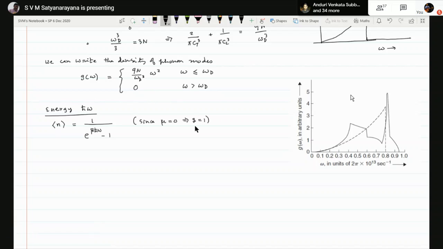This is the average occupancy of energy h bar omega.